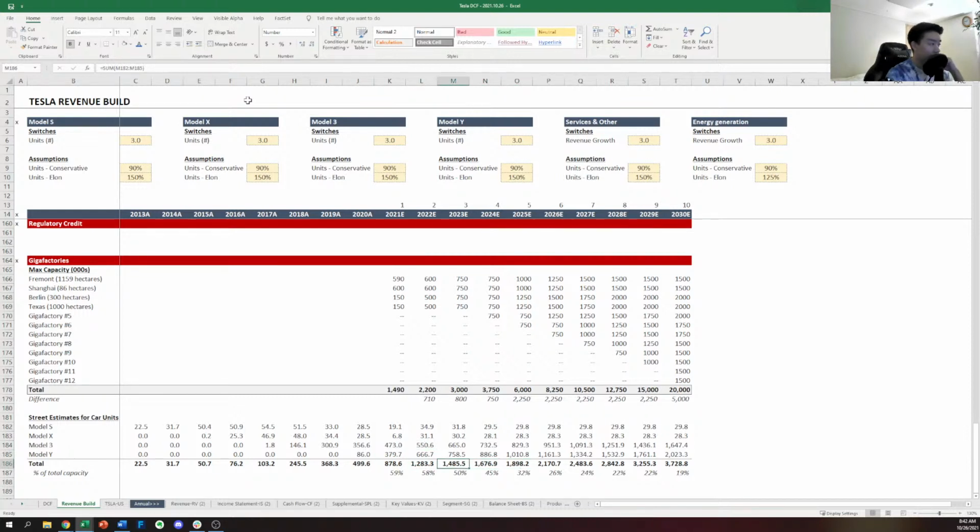So I think what we're going to need to do is build the Elon Musk case first. I was mad that DCFs had multiple assumptions, and one of them is an optimistic case based on the CEO's statements. Elon has some really crazy statements though, and that's why I want to build this out.